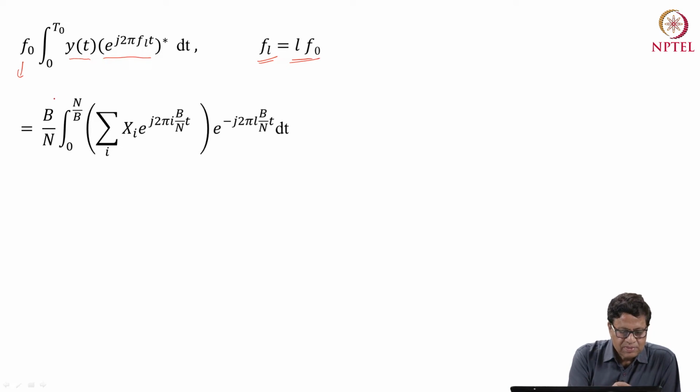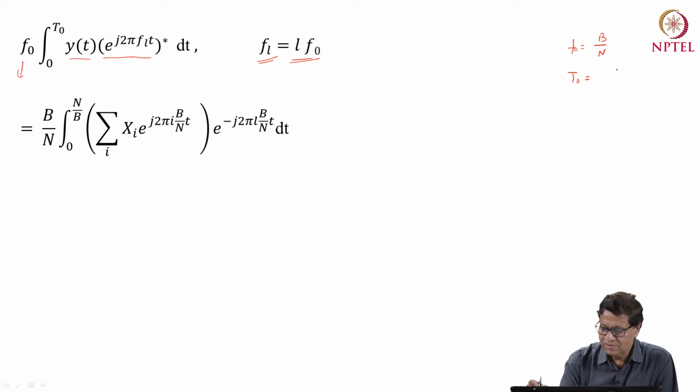So f0, as we know, is given by b by n, and t0 we had calculated. So f0, the fundamental frequency, is b by n, and t0 is n by b. So this is the limit, and this is the composite signal y(t), and this is multiplied by the conjugate.